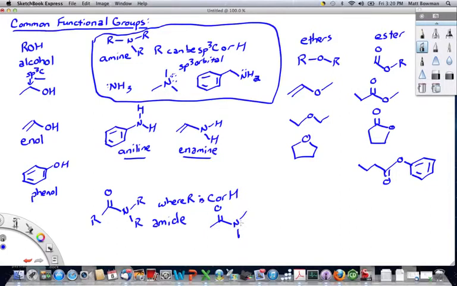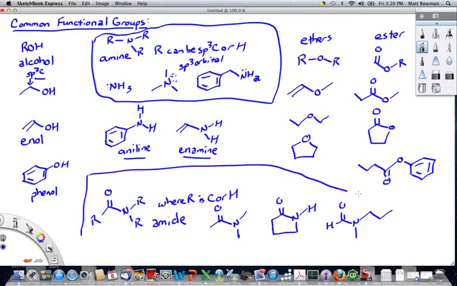It consists of a nitrogen directly attached to a carbonyl. It's an amide. You can have amides as part of rings, and so on. Here is another example of an amide. Okay. So, important thing about an amide is carbonyl attached to a nitrogen. On the other side of that carbonyl has to be either a hydrogen or a carbon.